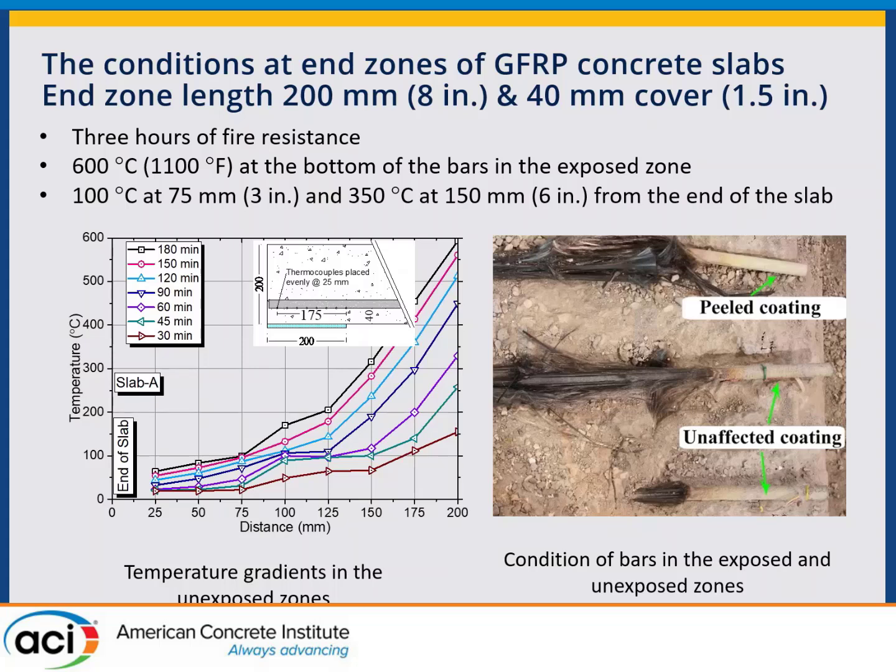And so you can see in this end zone here, the temperatures in these bars are much, much lower. So that at 3 inches from the end, it's only 100 degrees centigrade, so a little over 200.